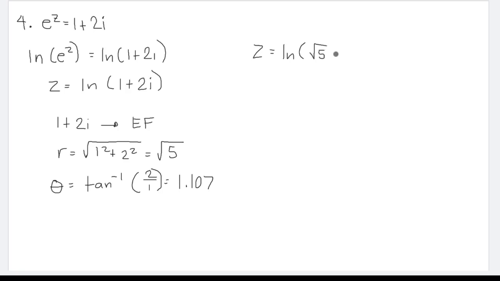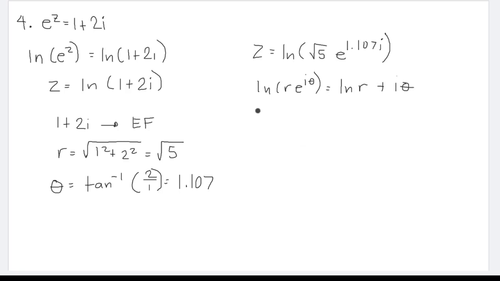So our value of c now is equivalent to ln of r, which is square root of 5, times e raised to the angle, 1.107i. And again, if we have ln of r e^(i theta), that's simply equivalent to ln r plus i theta.